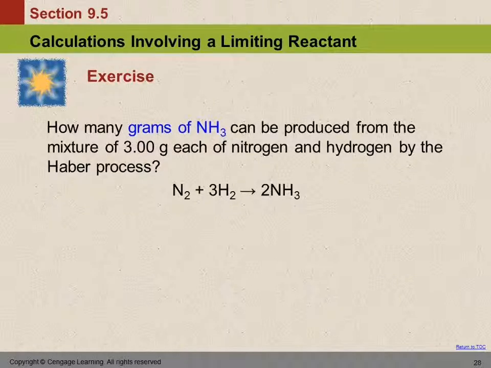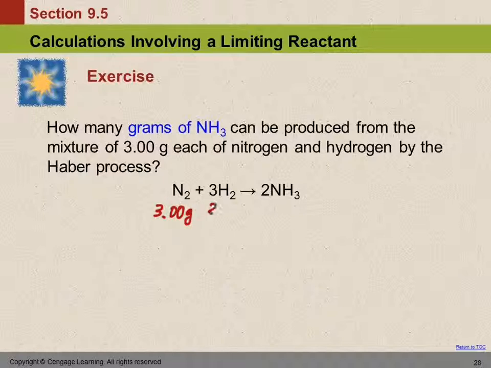Okay, so, balanced chemical equation. They're asking how many grams, and they're giving us amounts. And so we're going to use this equation to organize this information. 3 grams each of nitrogen and hydrogen. So under nitrogen, I'm going to write 3.00 grams.